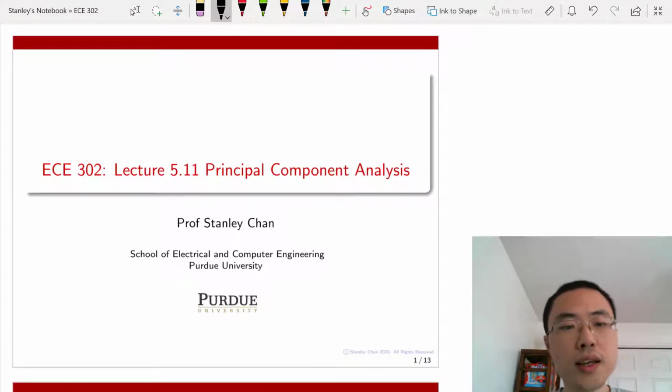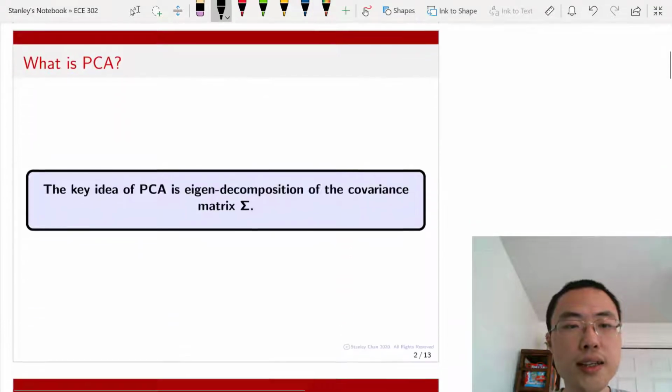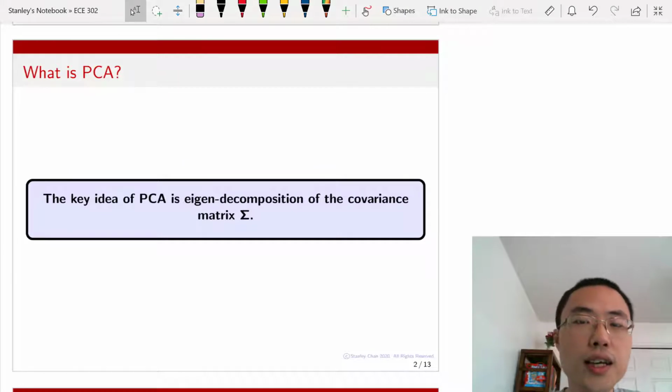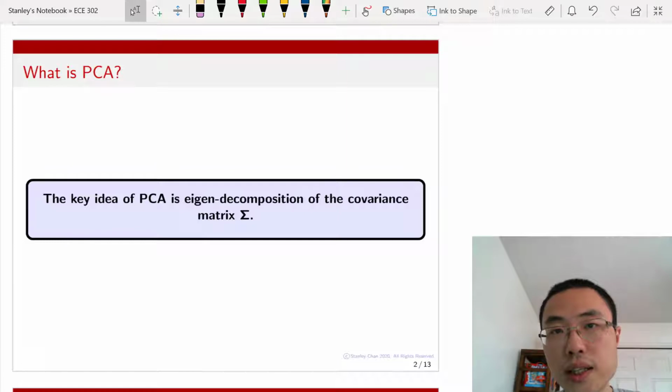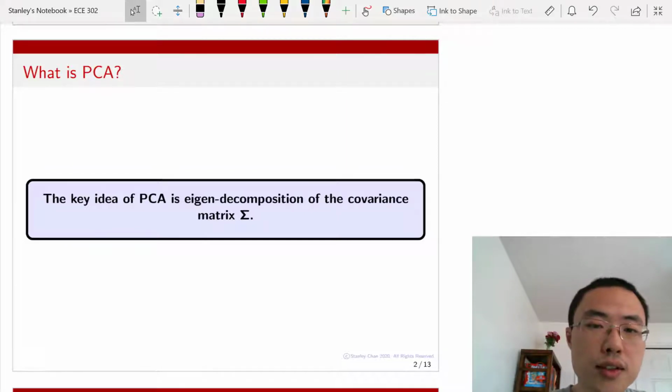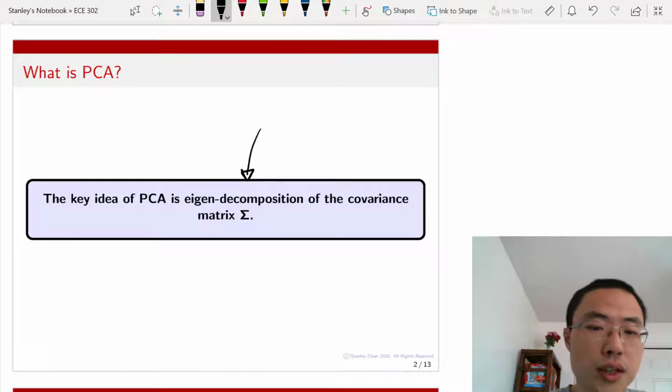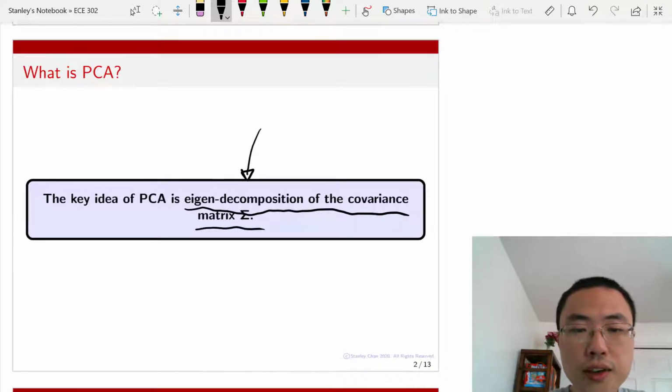So what is PCA? To many of you, PCA is a very mysterious technique in data science that somehow compresses the data into low-dimensional space. But essentially what it is, I summarize this PCA using this simple statement. It is the eigen decomposition of the covariance matrix sigma.